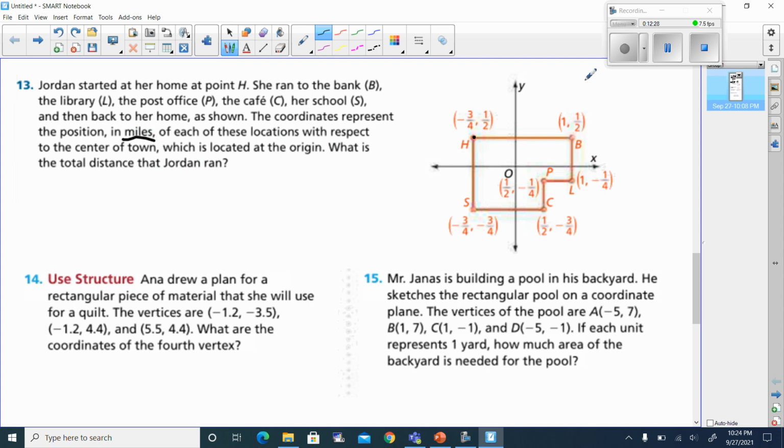All right, let's start from home over to the bank. And we know that the half is the same. So that is our y-axis. So we're measuring the x. We see that we've gone 1 this way and negative 3/4 this way. So that's easy.